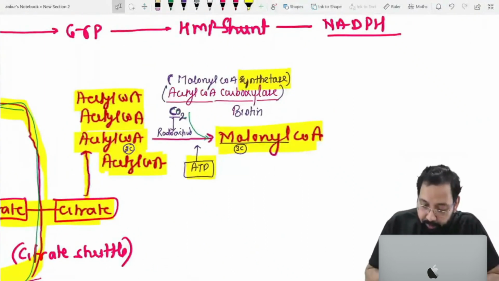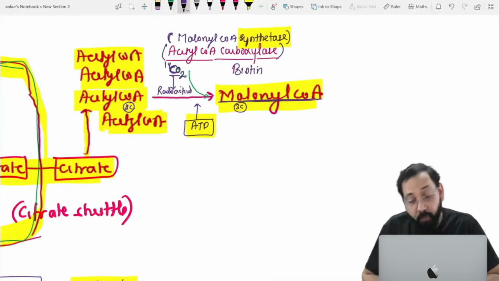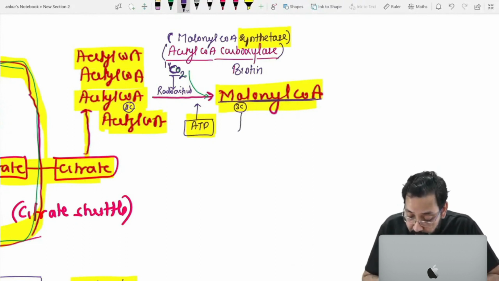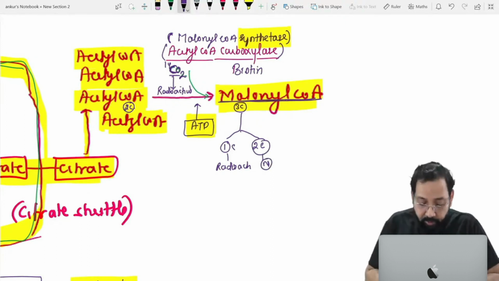Now if I ask you, this malonyl coenzyme A has 3 carbon atoms, and this carbon was radioactive C14, normally C12, this is C14 radioactive carbon. Now out of these 3 carbons, one carbon is radioactive and two carbons are normal, which were present in acetyl.